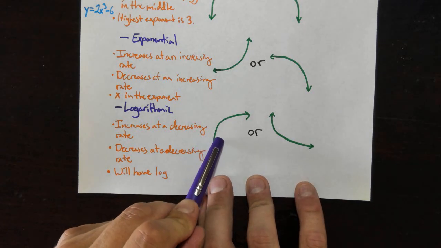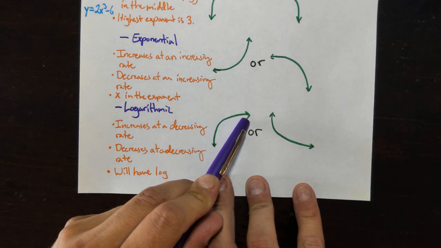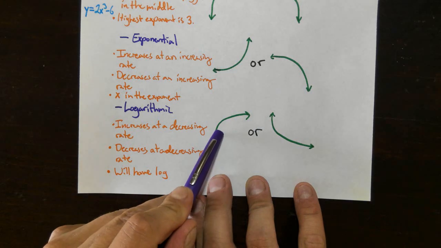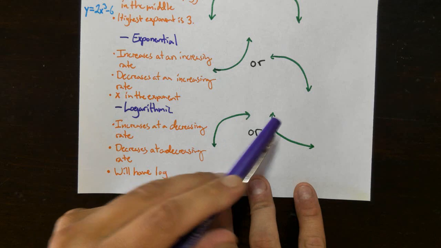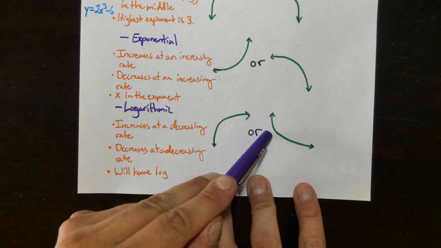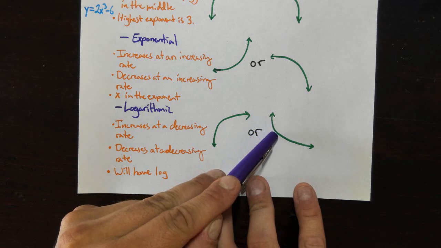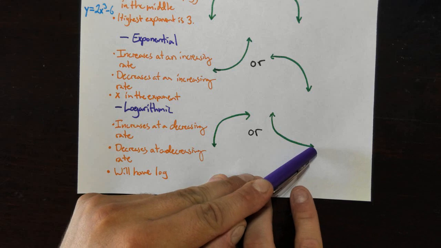This one's increasing, and it's going up, but then as it increases more, it's still increasing, but it's not increasing by as much. And so that's what I mean by it increases at a decreasing rate. Likewise, if it were negative, it could also look like this, a logarithmic function. This one's decreasing, but the rate at which it's going down is decreasing as we go from left to right.